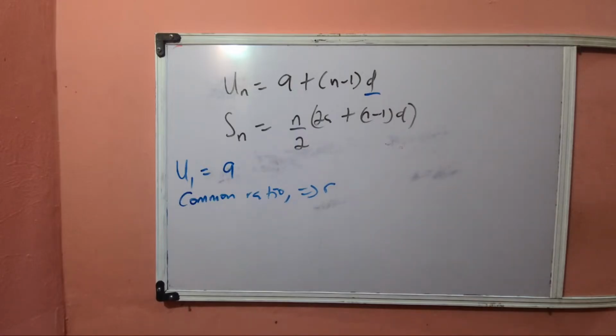Now, quickly we can talk about how we're going to identify the different terms of an AP and GP. But we'll be talking majorly on that of a GP in this particular class.